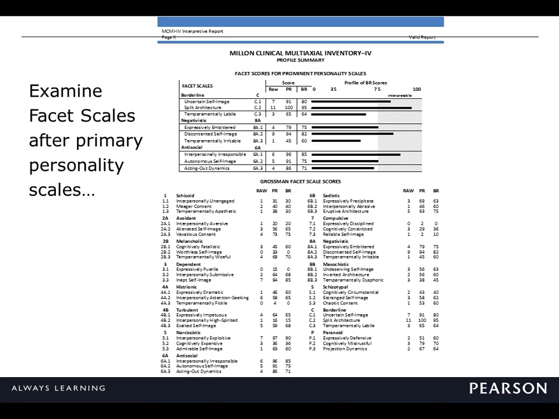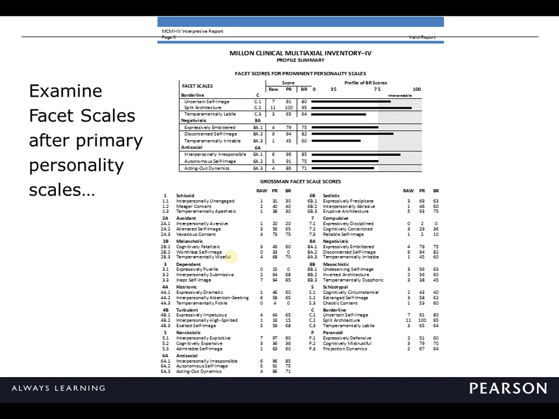The next component that we would look at would be the facet scales. We would do that after we have a fairly good sense of the primary personality scales. And we look to see for this what kind of specific domains might be more present and might be more troubling.